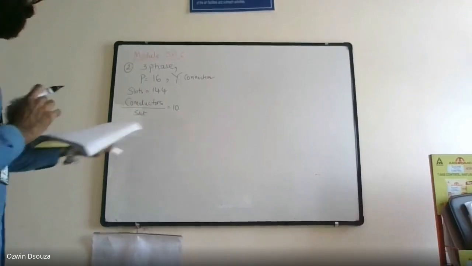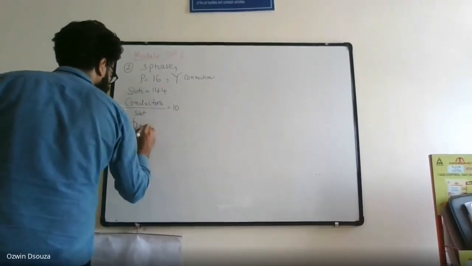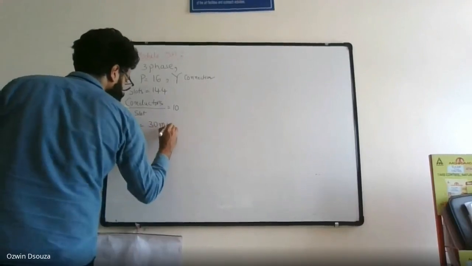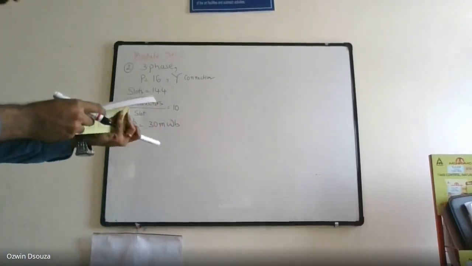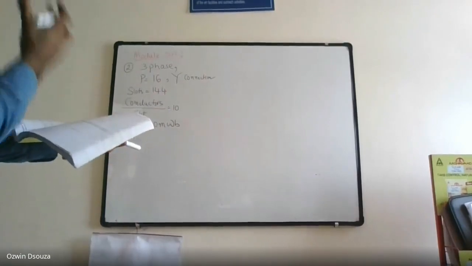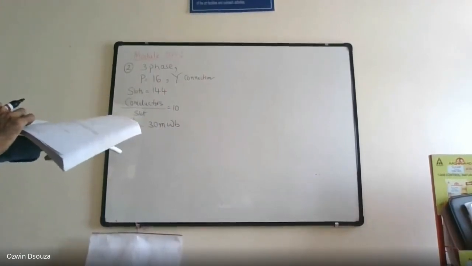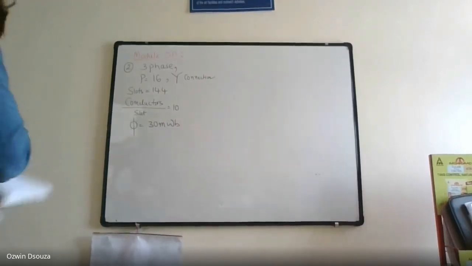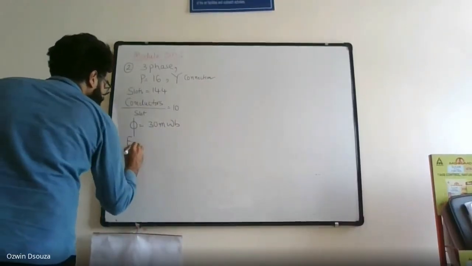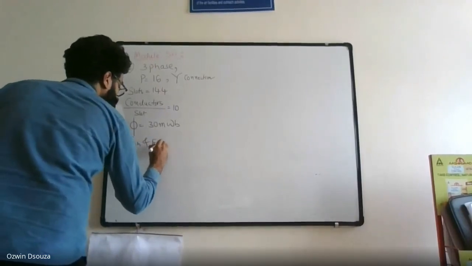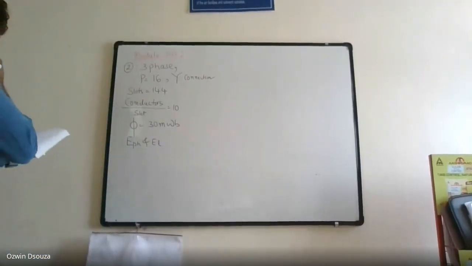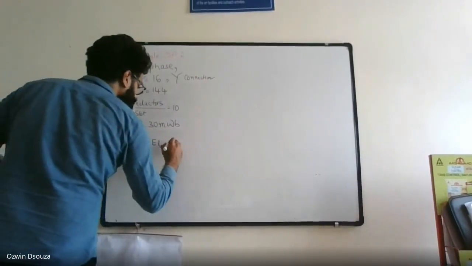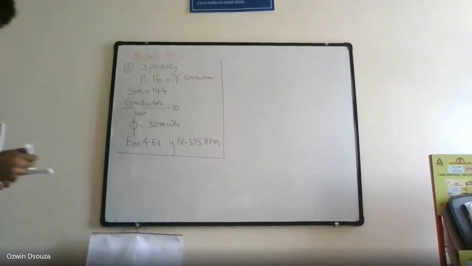Flux per pole is 30 milliwebers, distributed sinusoidal. Find the phase and line voltages if the speed is 375 rpm.